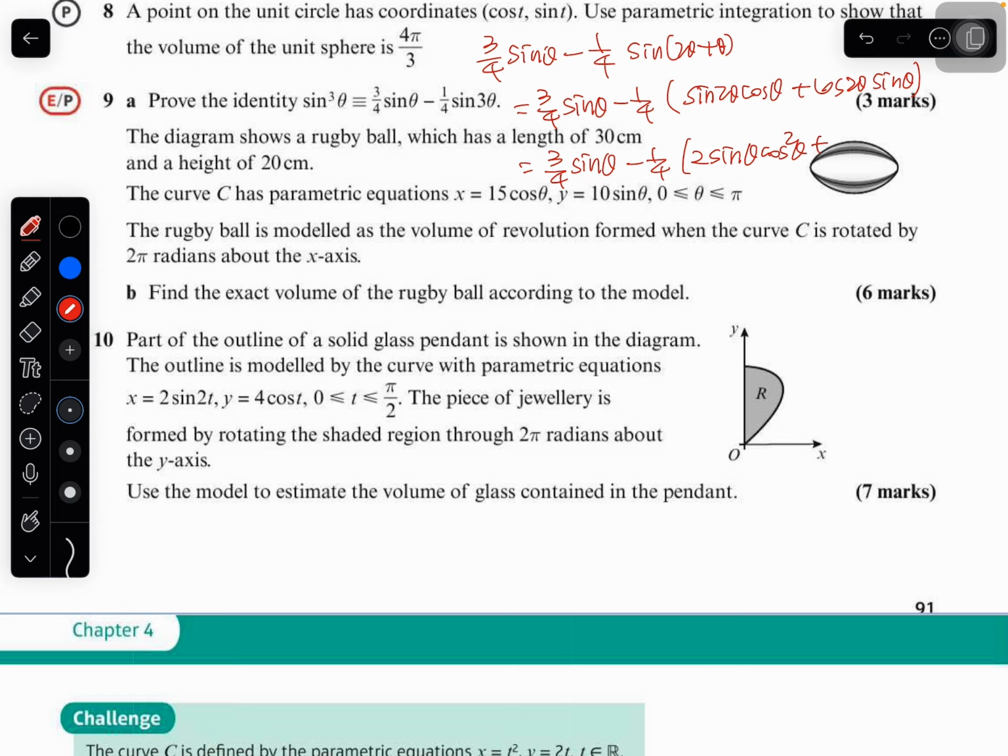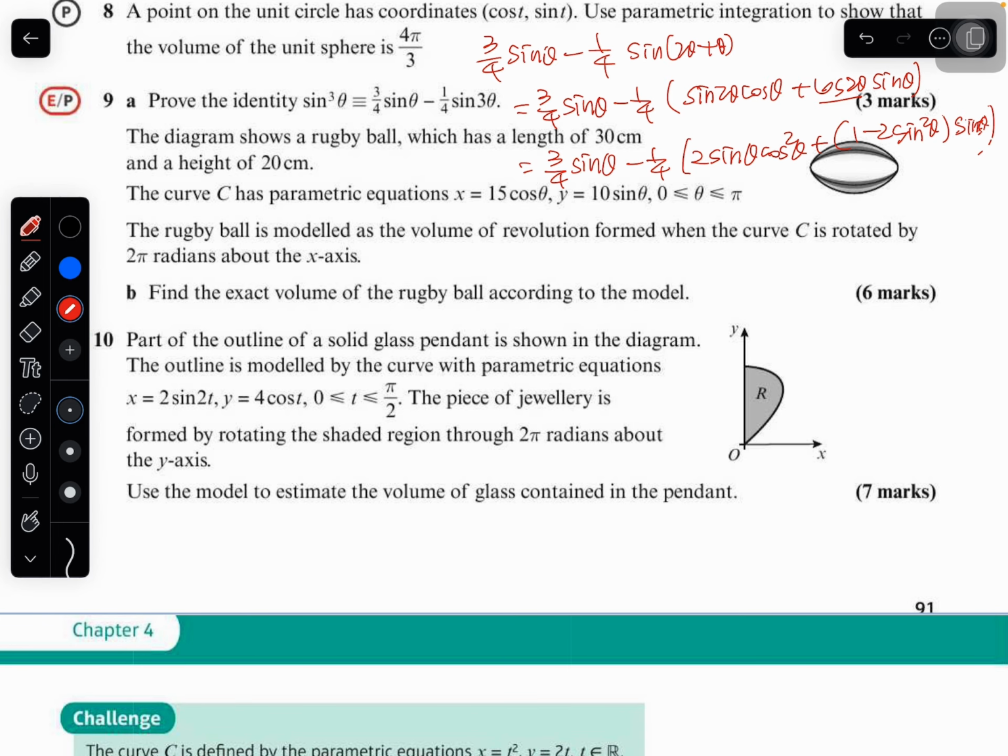plus, again, let's go for the sine. Then 1 minus 2 sine squared theta, times sine theta, like this.